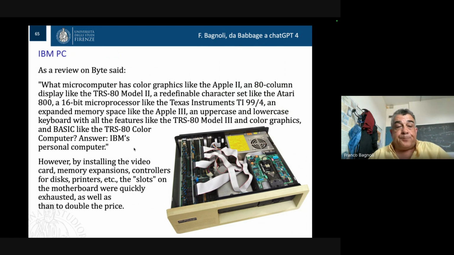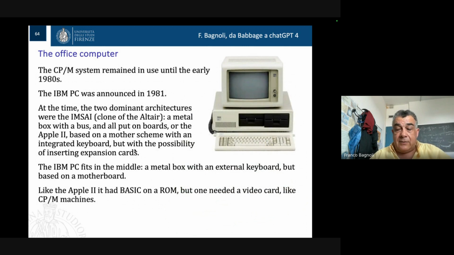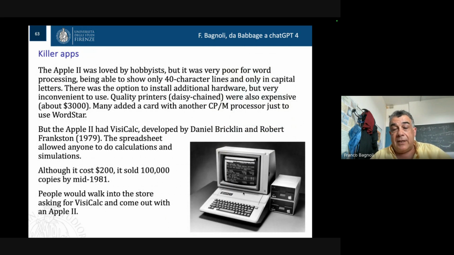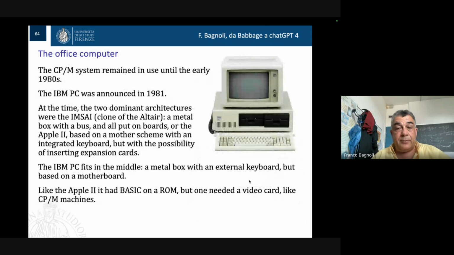But clearly it was also expandable, while with the Apple II, you had to stay with what was offered or little more. Also, in the Apple II, you could put a very few cards inside. For instance, there was a card with another processor that allowed running CP/M on the Apple II.